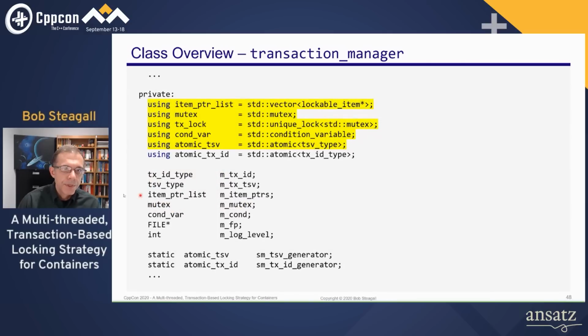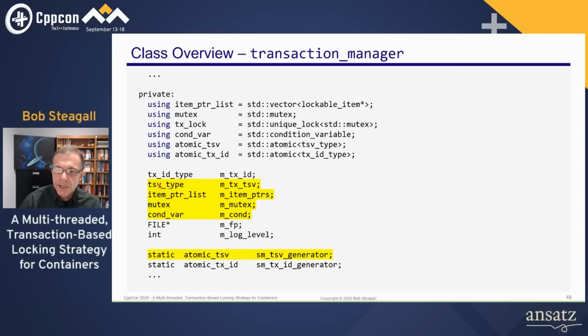So let's dig a little bit into the implementation. Here I've highlighted in yellow some simple type defs that I've created to make the code a little easier for me to read. And here are the data members relevant to this discussion.